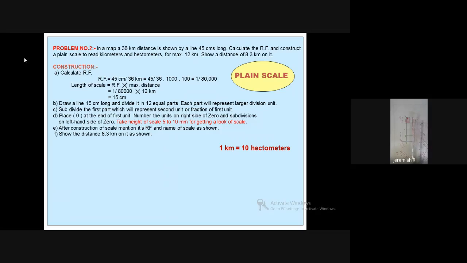Calculate the representative factor and construct a plain scale to read kilometers and hectometers, for a maximum distance of 12 kilometer.